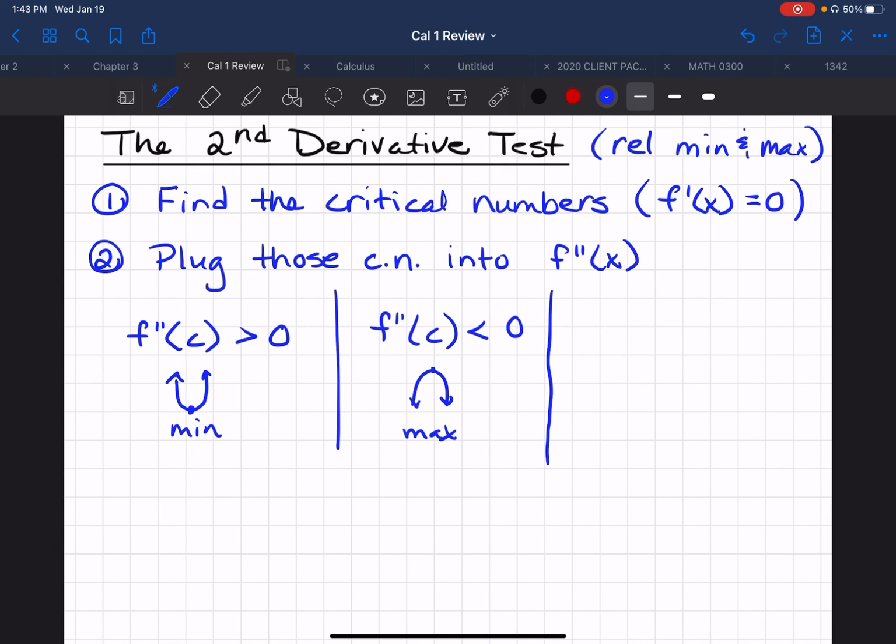The only other option is if it equals 0, and that means the second derivative test fails, which means you would have to go back to the first derivative test and test your intervals.